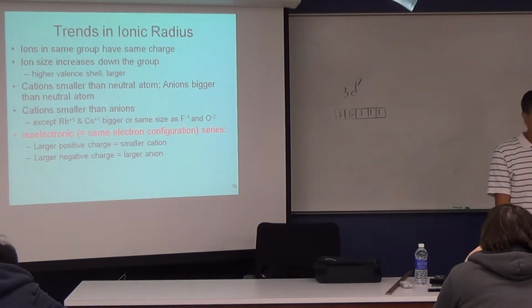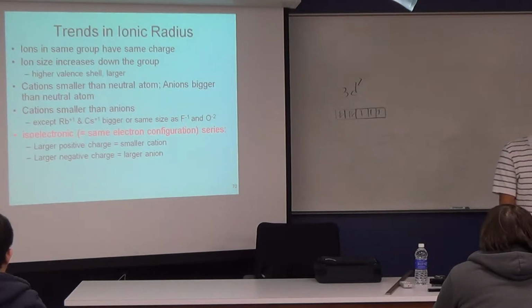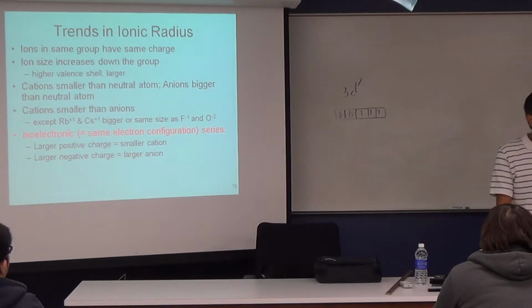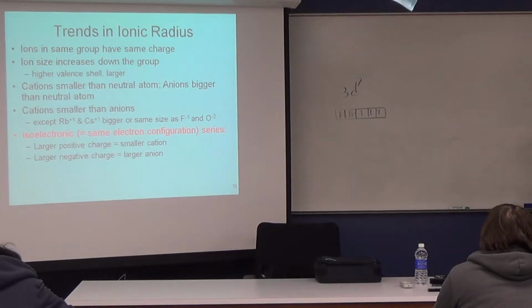Got that? On the other side, the lower left corner, those are the larger atoms. This is the largest one, francium. So if you take the electron away, they are still kind of big.